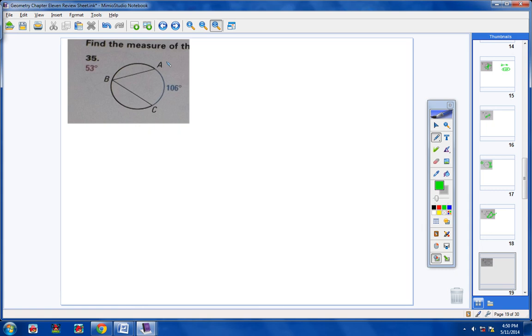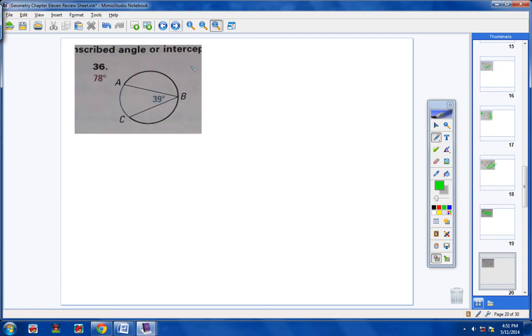Now remember, what they're reviewing in these three problems, 35, 36, and 37, is an inscribed angle is always half as big as its arc, or the intercepted arc is always twice as big as the inscribed angle, however you want to say it. So notice I have an inscribed angle right here. That means all three of these points are on the circle. 1, 2, 3. If this arc is 106, the angle is going to be half that, which would be 53 degrees. So the answer is 53.